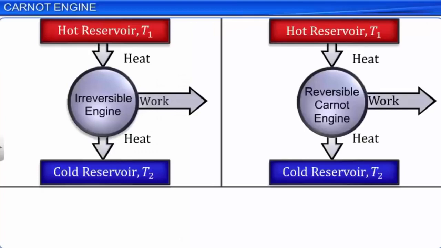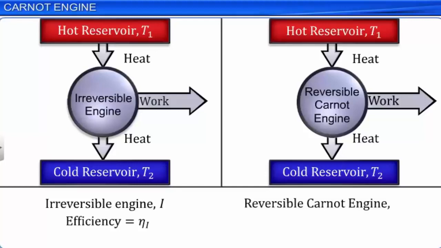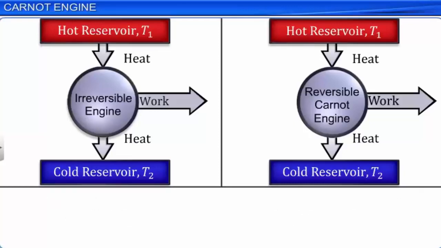Let us now compare the efficiencies of two heat engines working between the same temperatures T1 and T2. One of the engines is an irreversible engine I, with an efficiency eta I, and the other engine is a reversible Carnot engine R, with an efficiency eta R. Let us start with the assumption that the efficiency of the irreversible engine is greater than the efficiency of the Carnot engine.